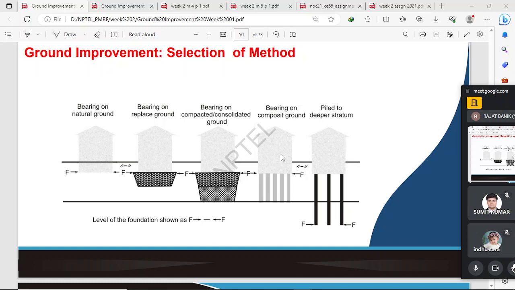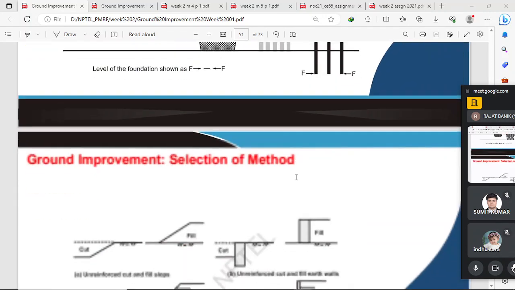If not yet suitable, then we further go for composite ground improvement techniques like sand column, stone column. If also not suitable for the construction, go for different types of deep foundation like pier foundation, well foundation.